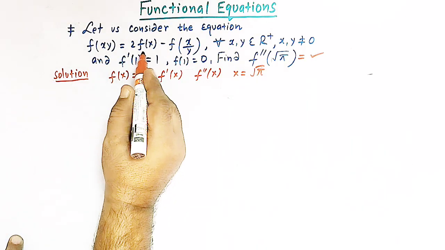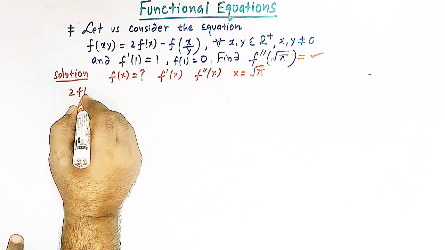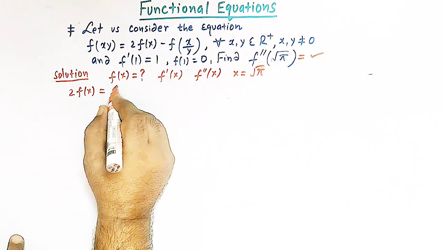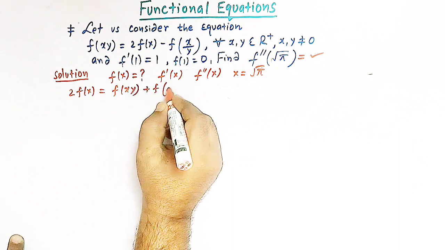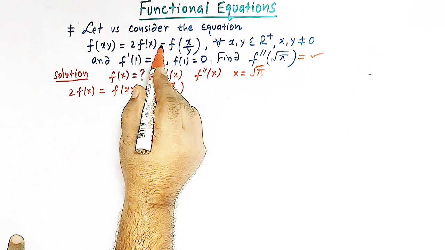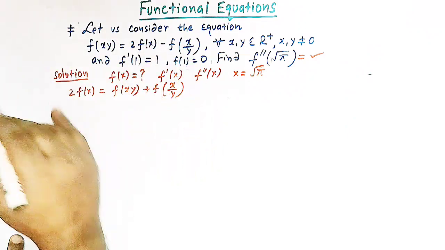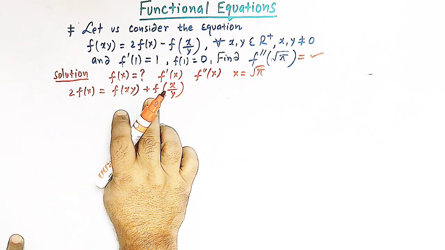Now let us rewrite this equation as 2 times f of x is equal to f of xy plus f of x over y. Taking this term, minus f of x over y, to the left hand side, we now have this equation.